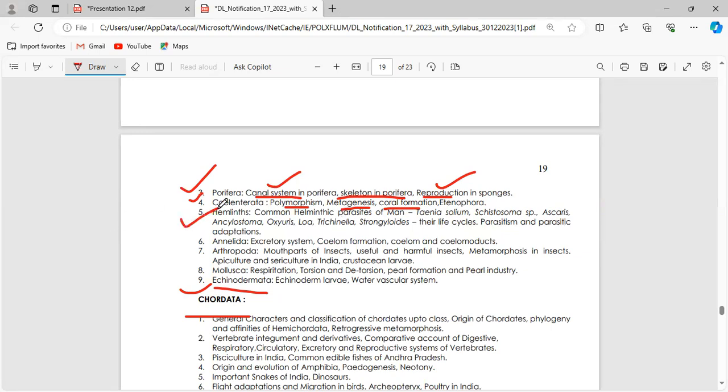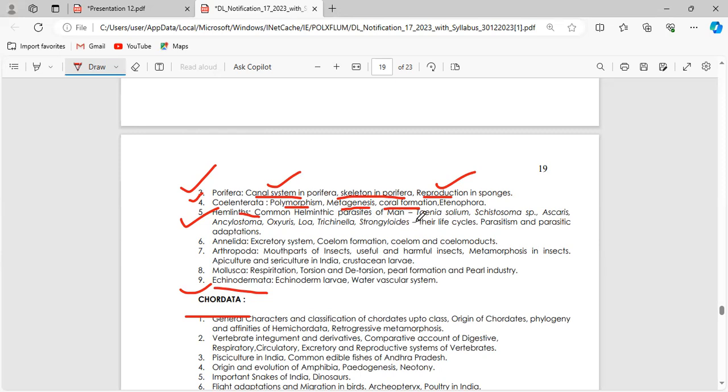And helminthes, as I said before, there are two phyla said to be helminthes. One is Platyhelminthes and another one is Aschelminthes or Nemathelminthes. Helminthes are exclusively parasitic. They are pathogens to humans.